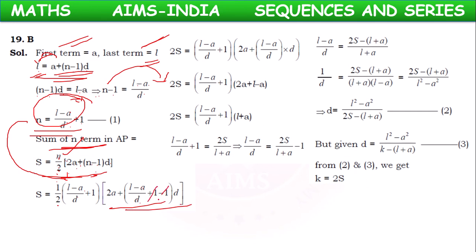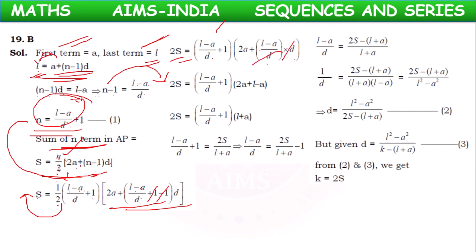So plus 1 minus 1 gets cancelled. Here, this 2 will go towards the left hand side, it will become 2s. 2s equal to (l minus a) by d plus 1 into this one, 2a plus (l minus a) by d into d.